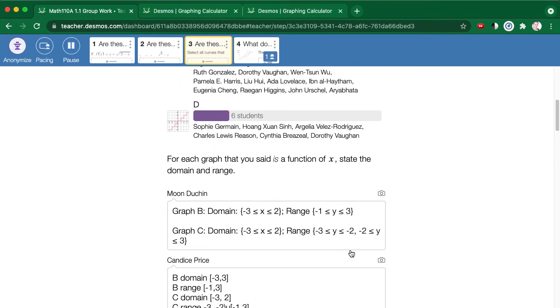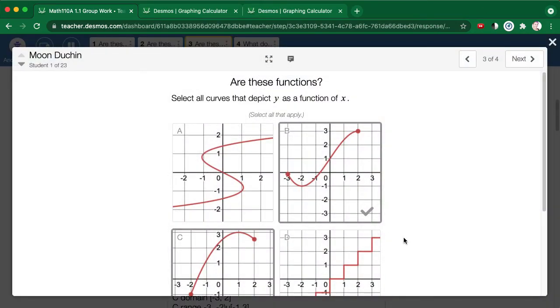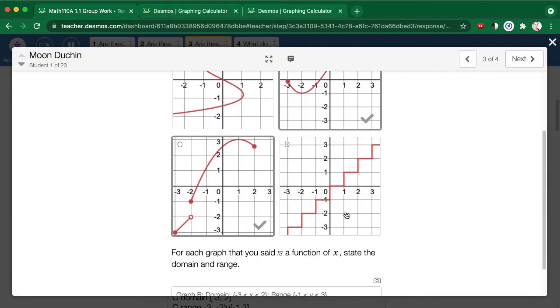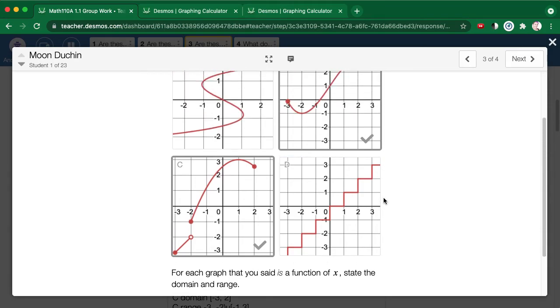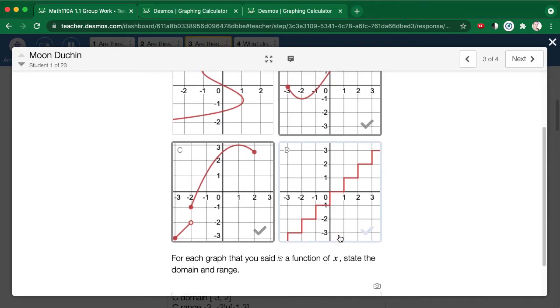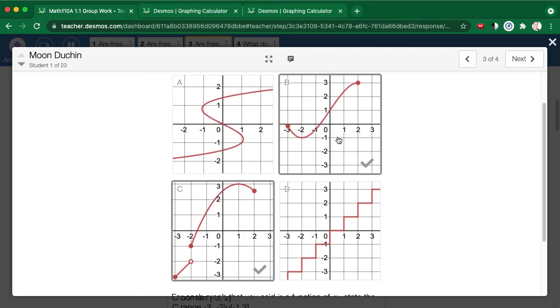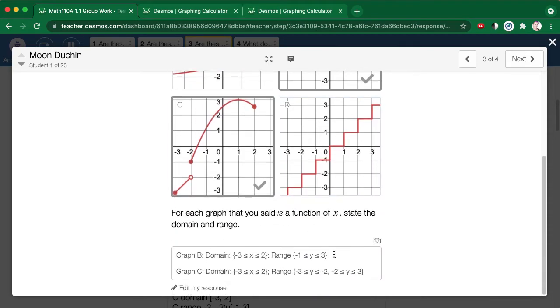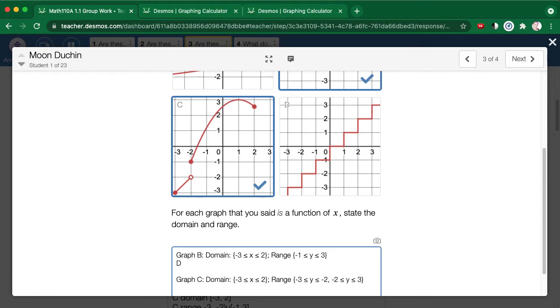So for graph B, the domain is x between -3 and 2 inclusive, and the range is y between -1 and 3 inclusive. Let's look at this. It said x is between -3 and 2 inclusive, and y is between -1 and 3 inclusive, and I agree with that. And we could even write this in interval notation.